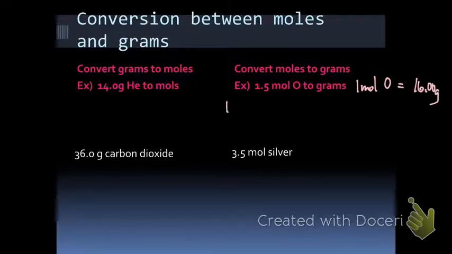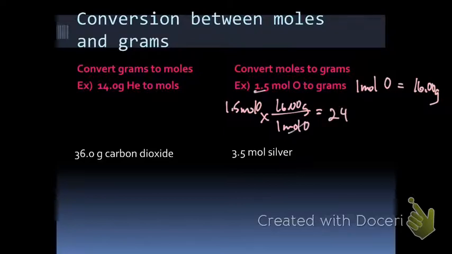And so if I start with 1.5 moles, 1 mole would go on the bottom this time, right? And then 16.00 grams would go on the top. 1.5 times 16 gives me 24. That's the right number of sig figs. These cross cancel, so I end up with 24 grams of oxygen.